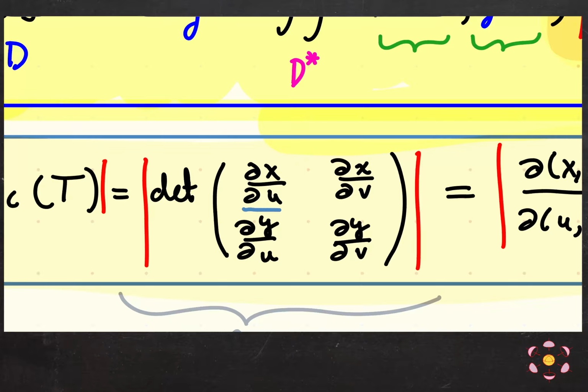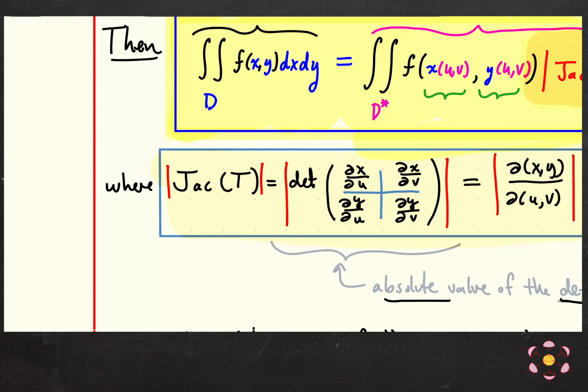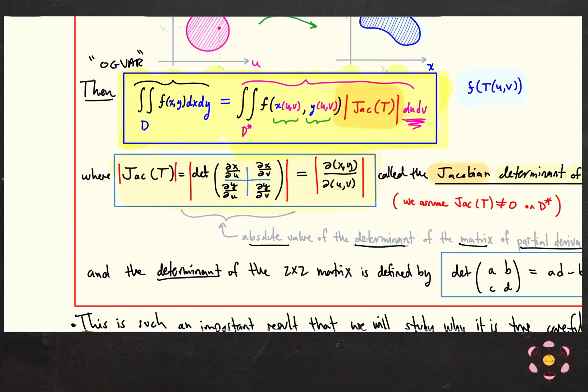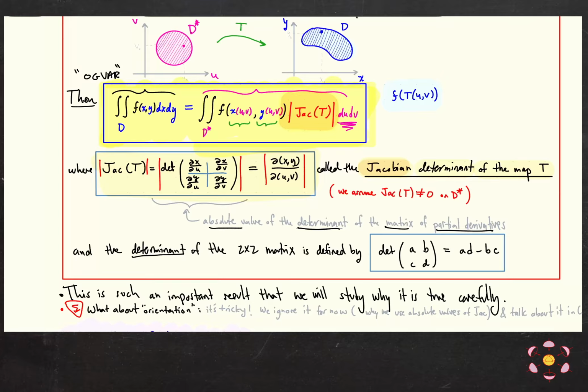A matrix here is just a little box where we've got four functions inside round parentheses. Now I'll remind you that the determinant of a 2 by 2 matrix is just AD minus BC, which I used earlier, where you multiply the diagonals and subtract what we call the off diagonals.